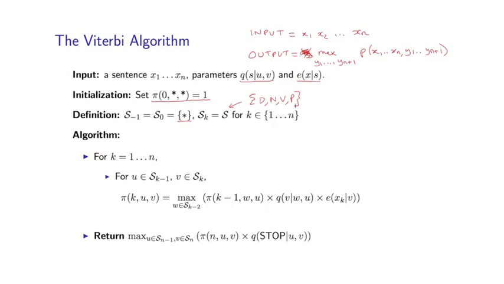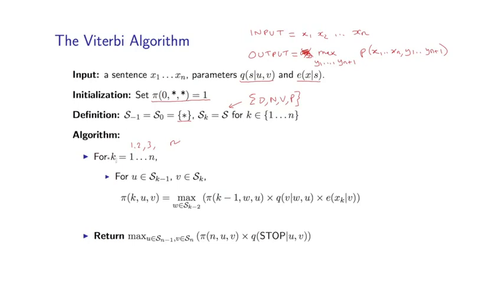So the algorithm is going to proceed to fill in these pi values, essentially left to right. So we go in order for k equals 1, 2, 3, right the way up to n, and at each point we apply this recursive definition.